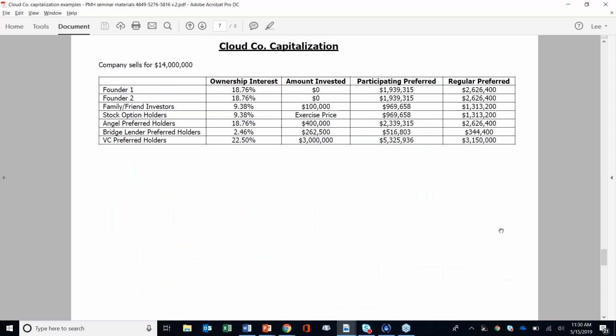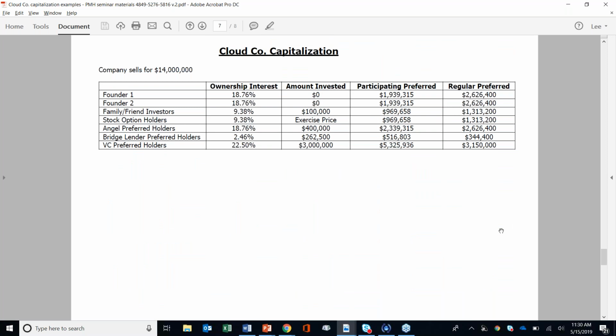The next example is a situation where, remember, we raised money at a $10 million valuation when the VC preferred holders invested. What we're seeing here is a scenario where the company sold for $14 million.